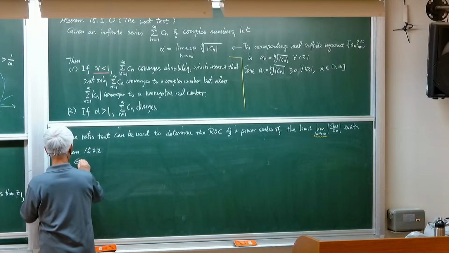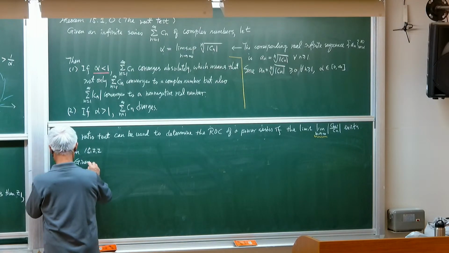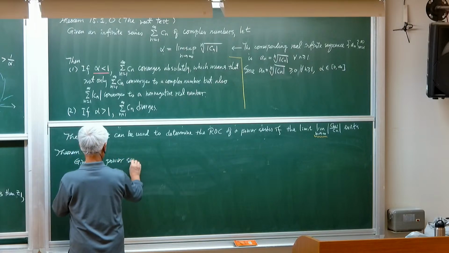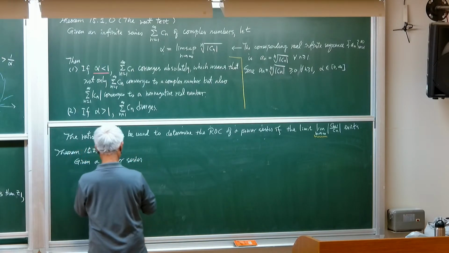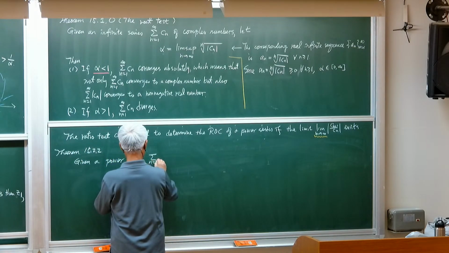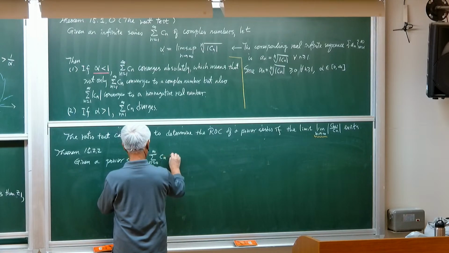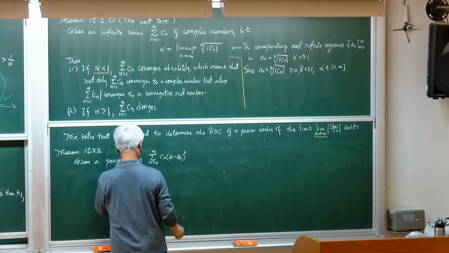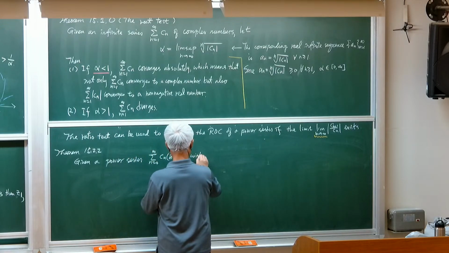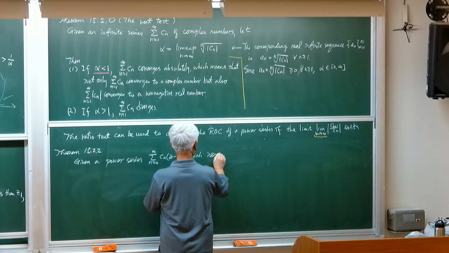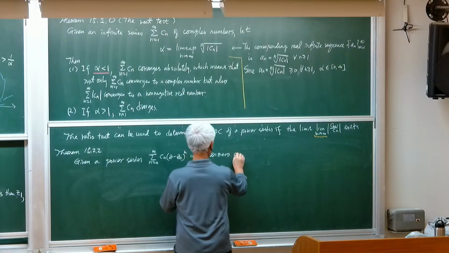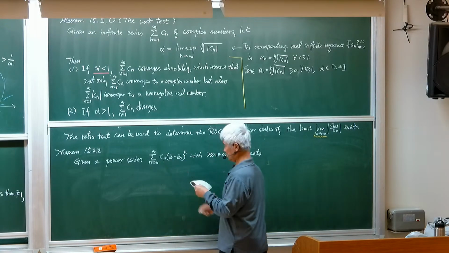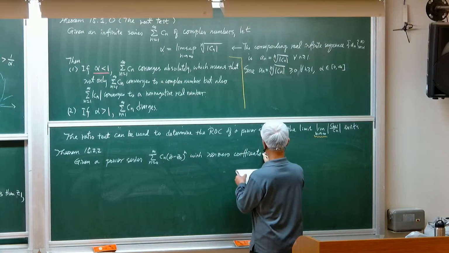So given a power series with non-zero coefficients, all right, so the Cn's are all non-zero.